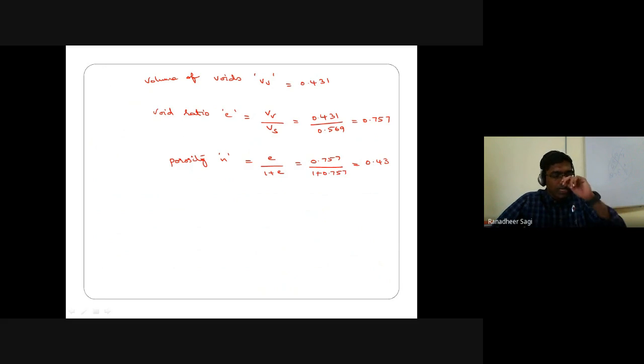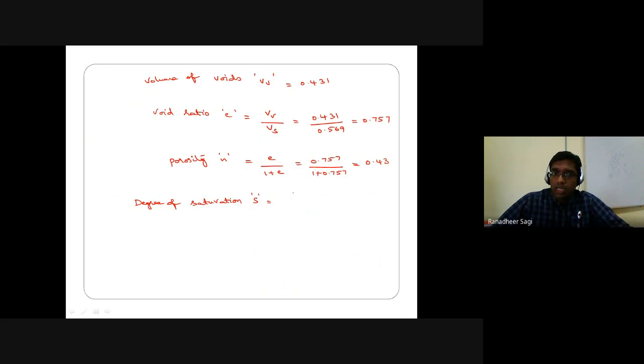Okay, so we have calculated the void ratio and the porosity. Next is your degree of saturation, which I can write as S. How do we define degree of saturation? It's the volume of water occupied in your volume of void spaces.